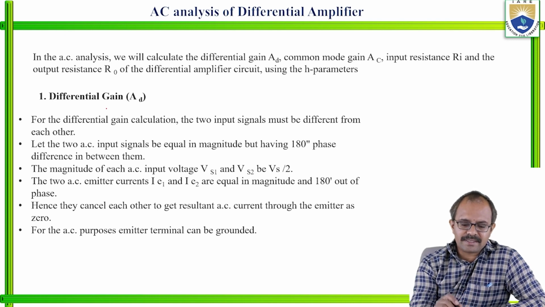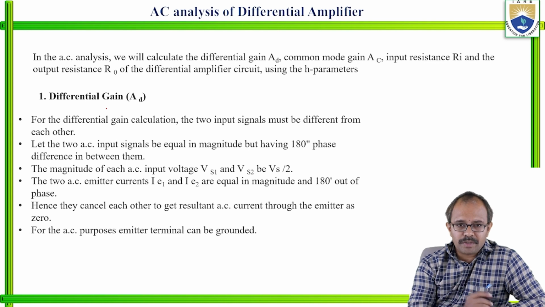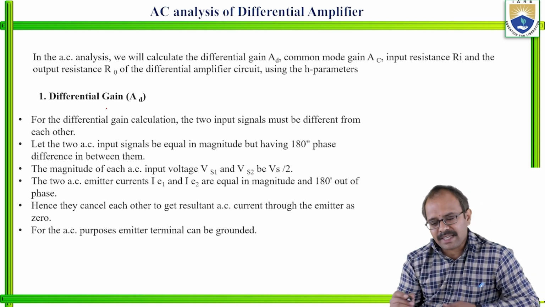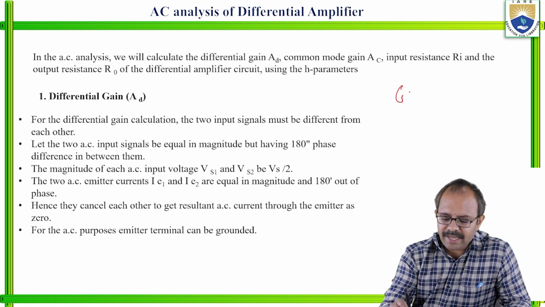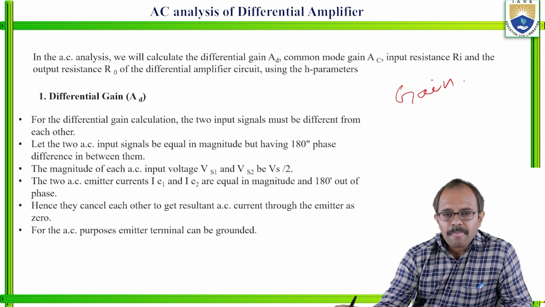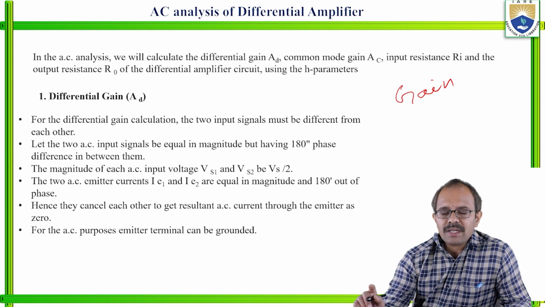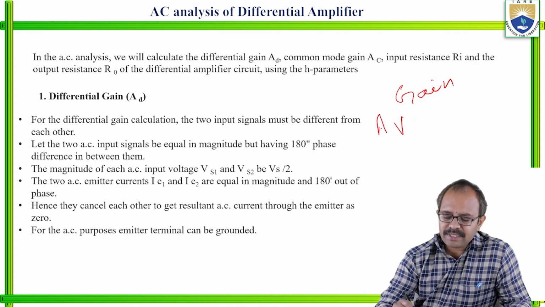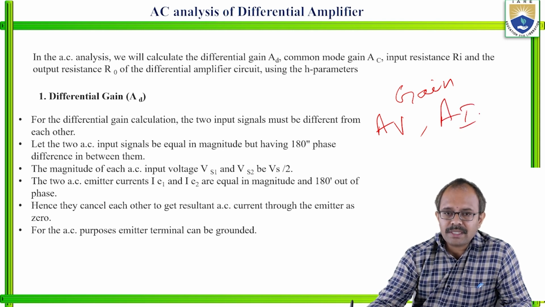In AC analysis, what are we going to calculate? Once again, go back to the AC analysis of the basic amplifier. What we are going to determine in the AC analysis, we said, is all about the gain. So do remember, in the AC analysis, one can determine the values of gain. What values of gain? It can be your voltage gain, AV, and AI. AV and AI are the voltage and current gains of your amplifier.